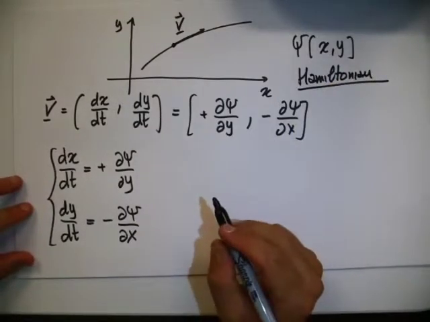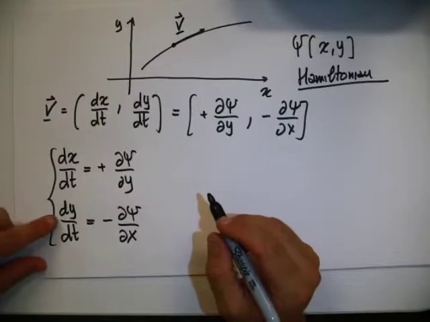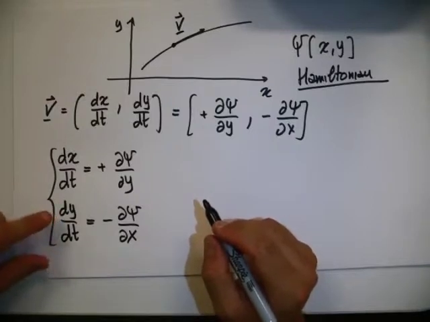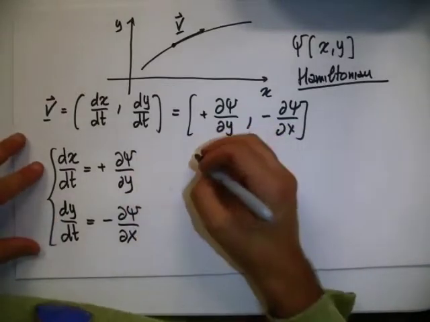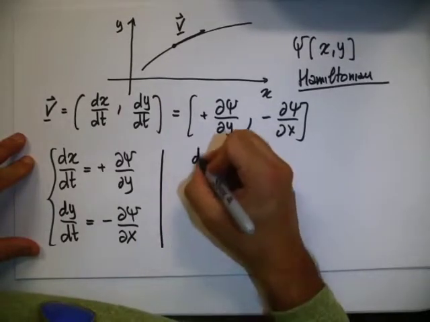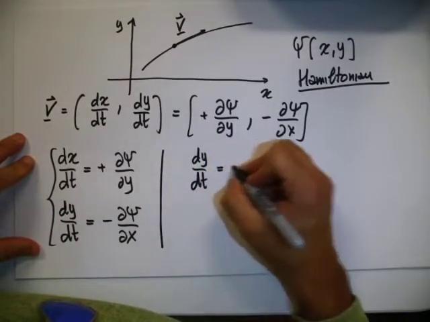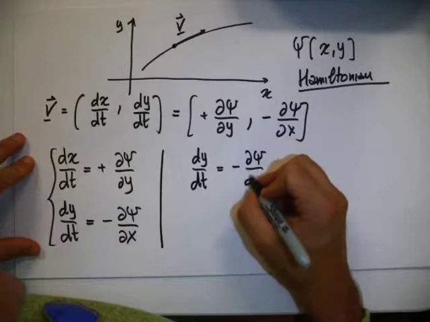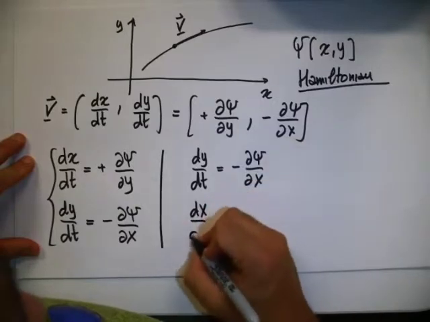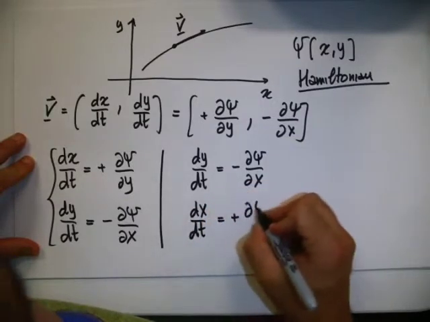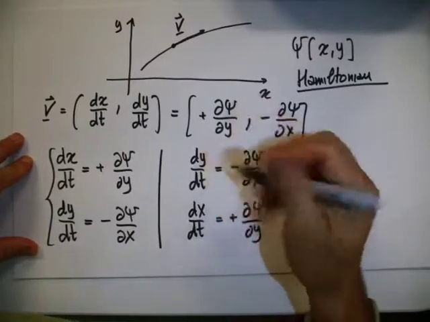Okay, you can clearly see the equations. Actually, to be precise, the true notation is going to be dy/dt equals minus dψ/dx and dx/dt equals plus dψ/dy.